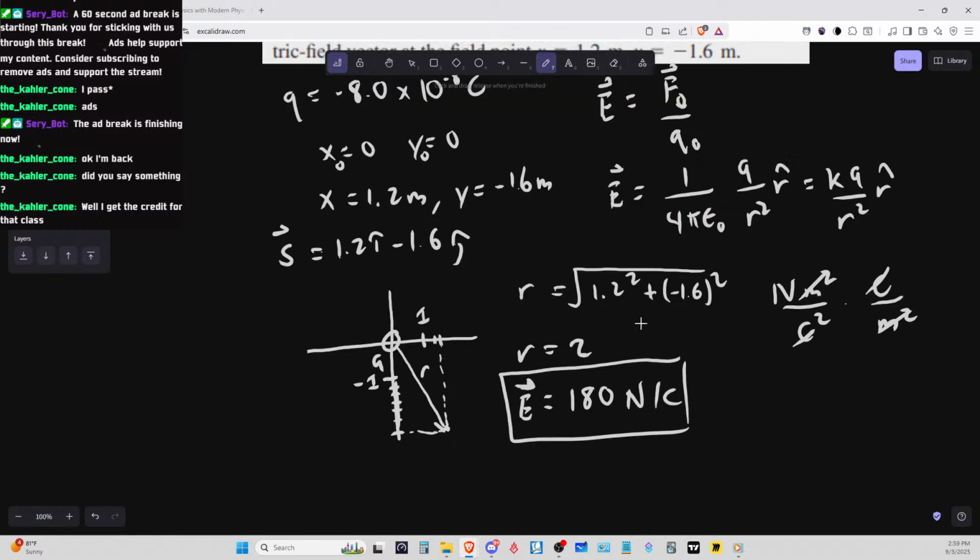What was I thinking? Oh yeah, right. I have to figure out what the angle is. So okay, tangent. Y is at the top, so we don't have to worry about multiplying by 180.